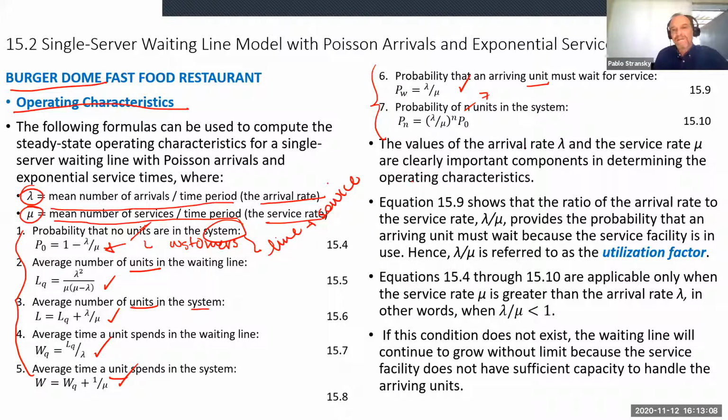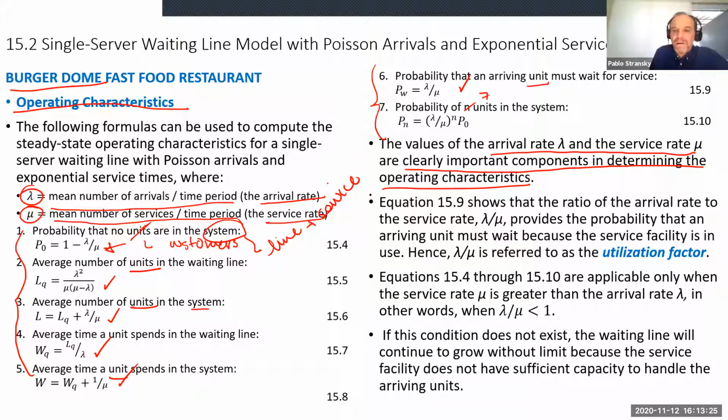Now, the values of the arrival rate and the service rate are clearly important components in determining the operating characteristics. All of them use these figures, okay?